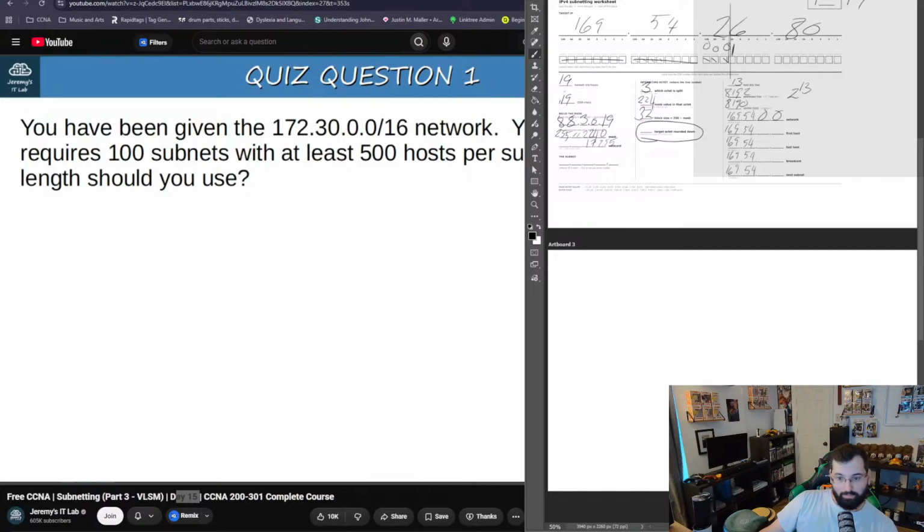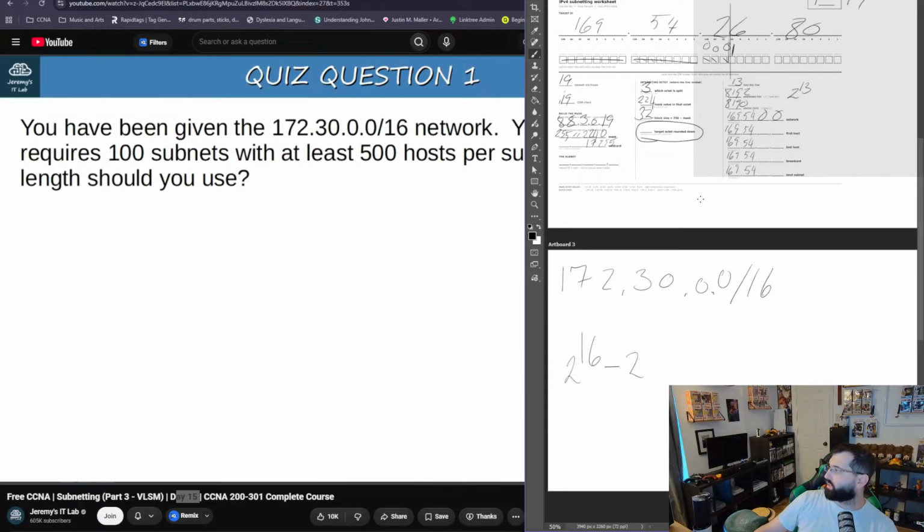Okay, fantastic. So what we have here is 172.30.0.0/16. It says you're required to have 100 subnets and at least 500 hosts. So we know that this subnet has 2 to the 16th power minus 2.